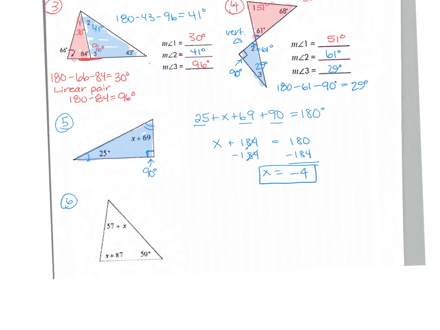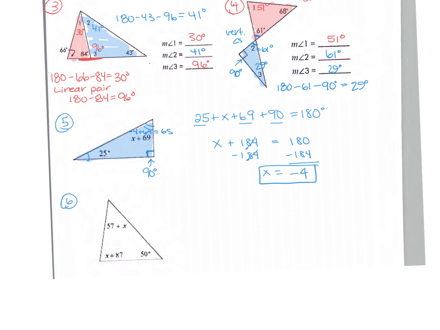Let's substitute this in. I get negative 4 plus 69, which is 65 degrees. But I'm okay with that because 25 plus 65 is 90, plus another 90 is my 180. So I know that I did my answer just fine.